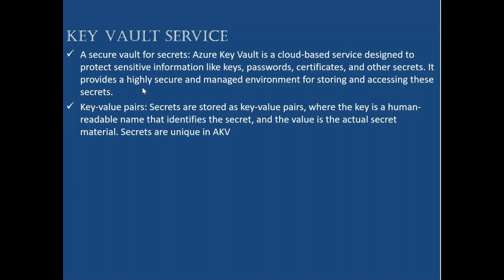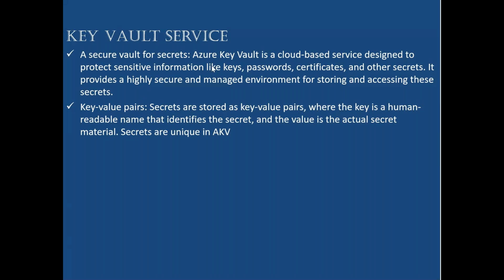So you need some identity to identify, okay, this is a database password, this is a data warehouse password. That's how the key is basically for identification purposes. Value is the sensitive information.